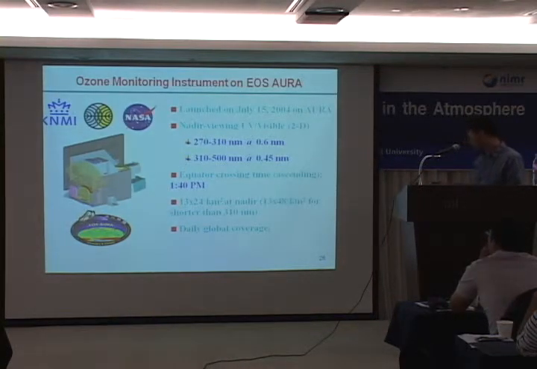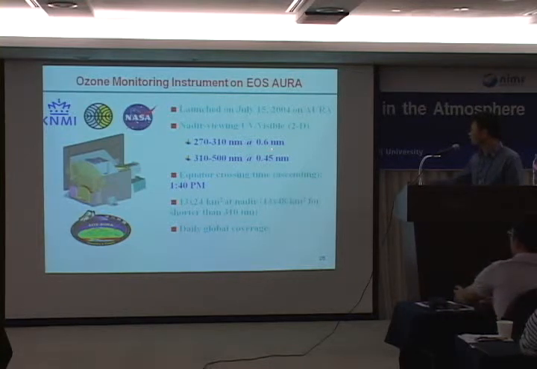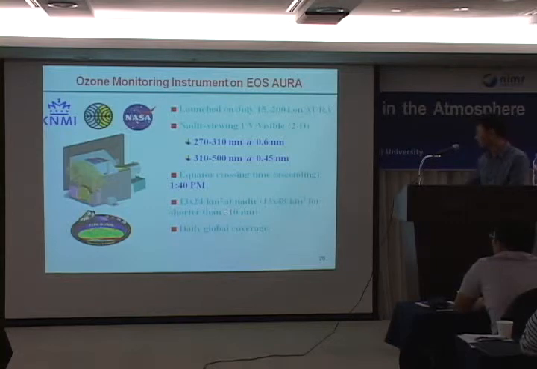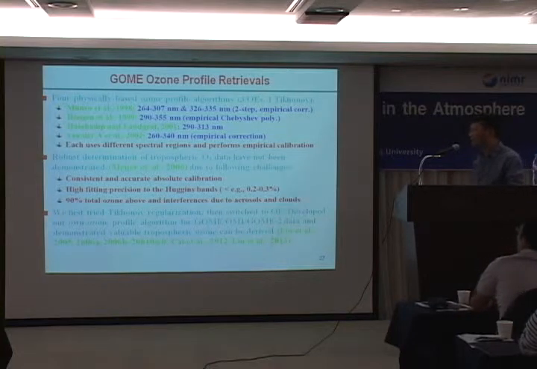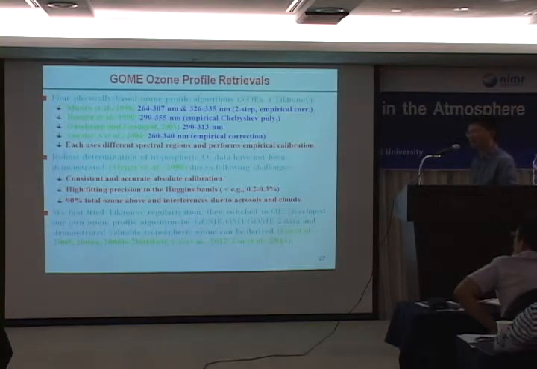For OMI, we have slightly worse spectral resolution, but much better spatial resolution, and we have daily global coverage. When I first got started at Harvard-Smithsonian as a postdoc with Kelly, my first task was to derive ozone profiles from GOME data.